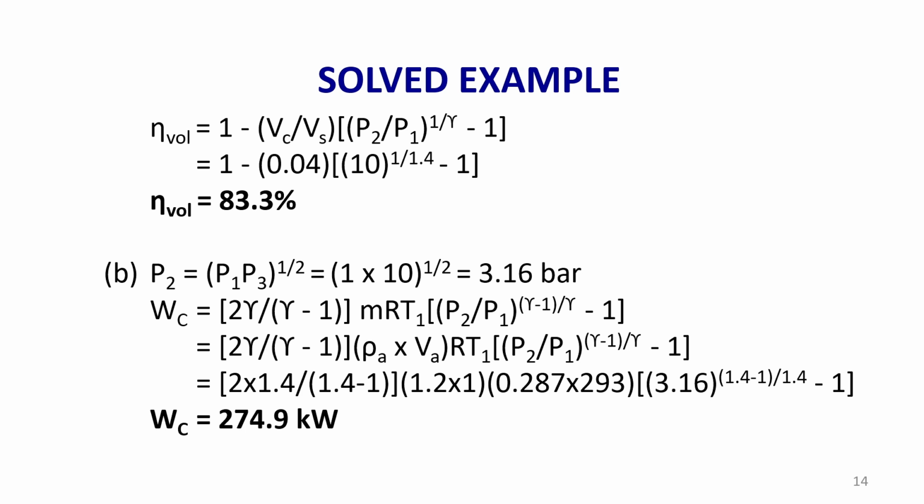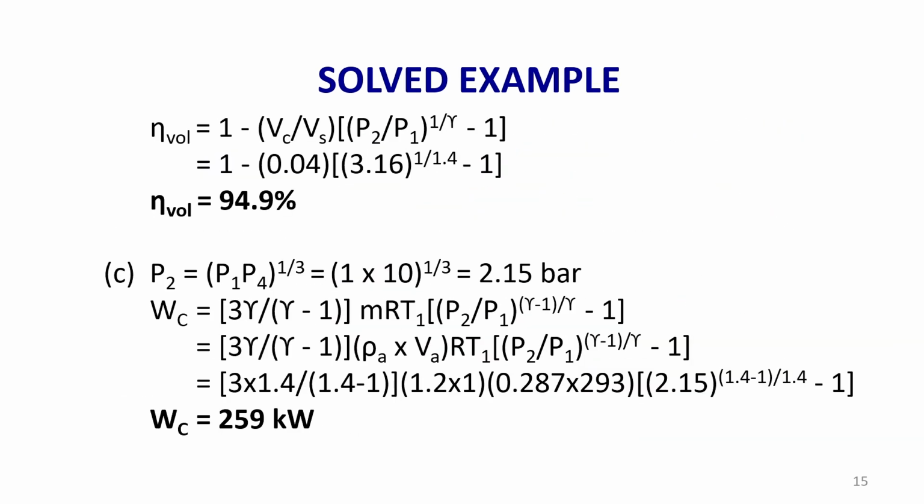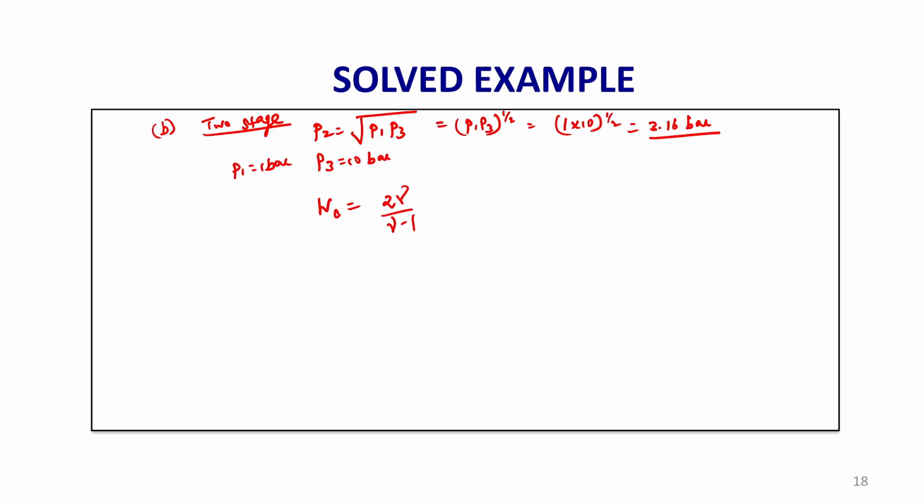So this is the formula. Substitute N equal to 2 and mRT1 into P2 by P1 whole power gamma minus 1 by gamma, minus 1.